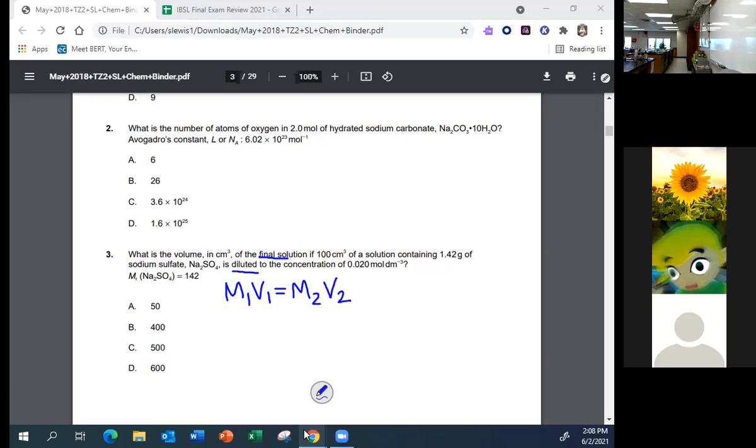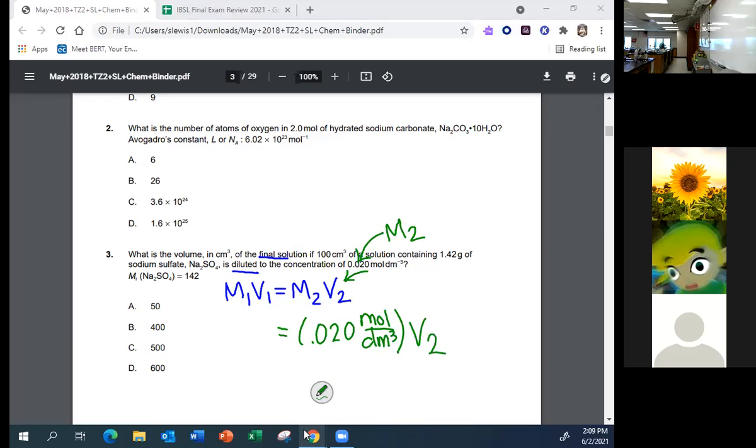Because it says diluted. So we want to know the volume of the final solution. And the concentration of the final is right there. So we want to end up at 0.020 moles per cubic decimeter.